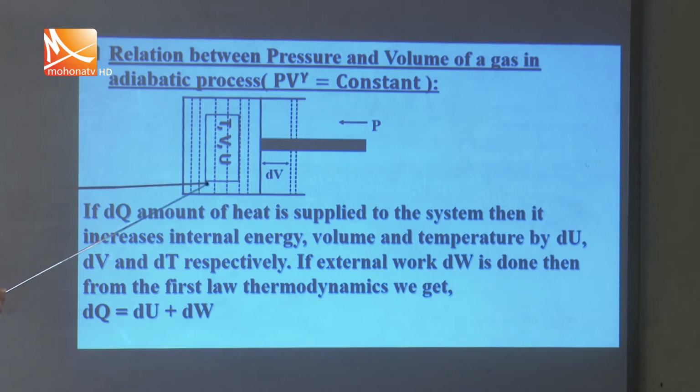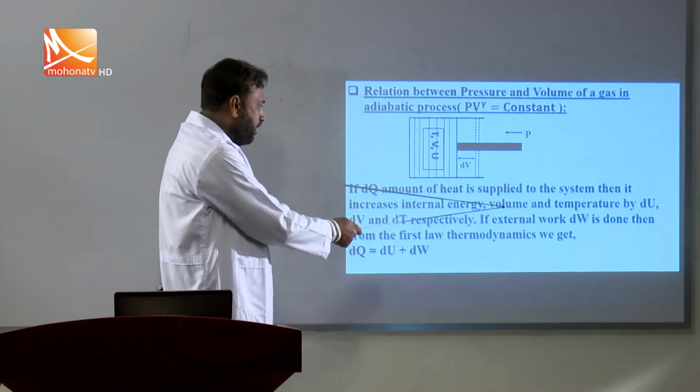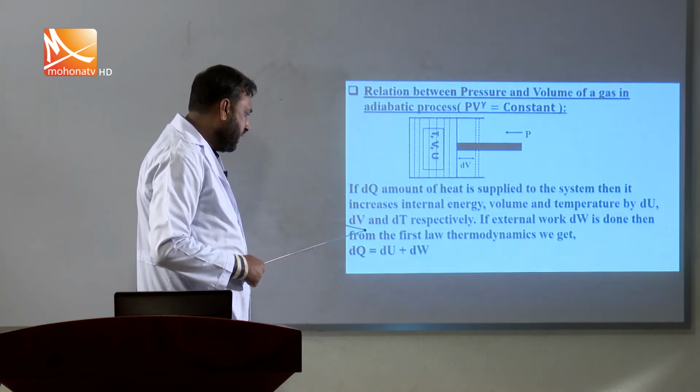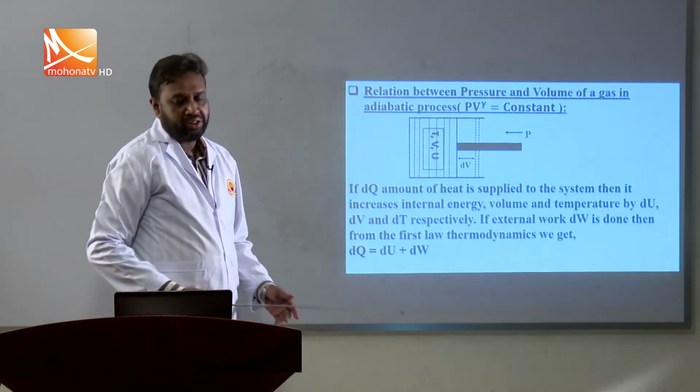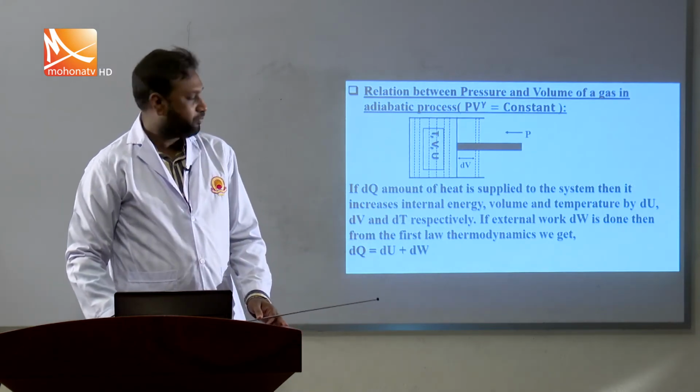1 mole of gas is kept in the cylinder at temperature T, pressure P, volume V, and internal energy U. If we supply heat dQ to the system, then it increases internal energy, volume and temperature by dU, dV and dT respectively.